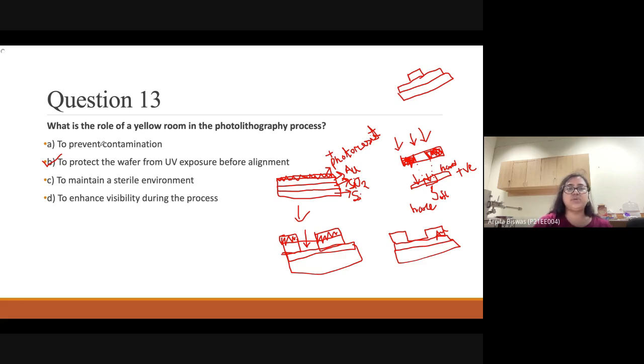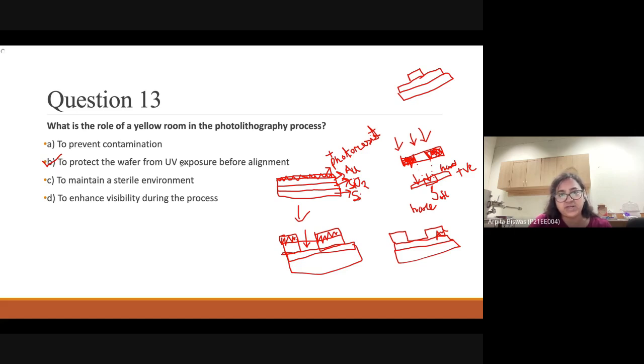The first option is to prevent the contamination. For preventing contamination, we use the clean room. So not the yellow light. The photoresist is light sensitive. Second option, to protect the wafer from UV exposure. Yes, this photoresist is very sensitive towards light.